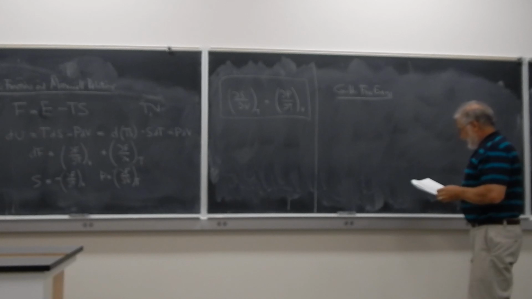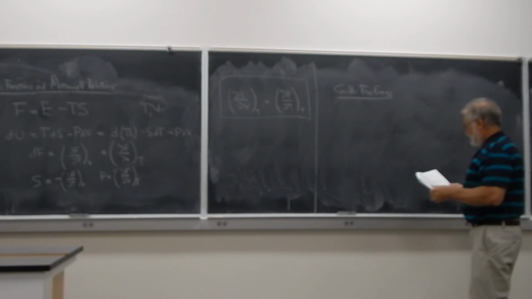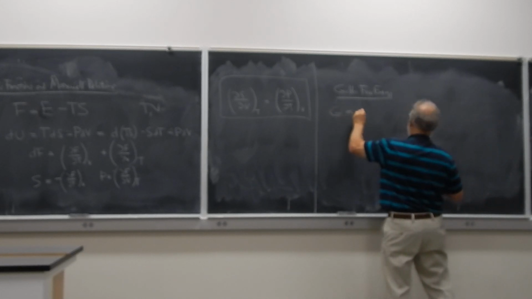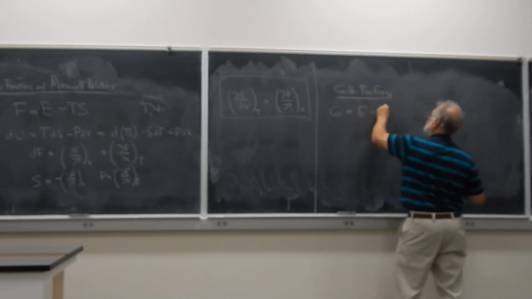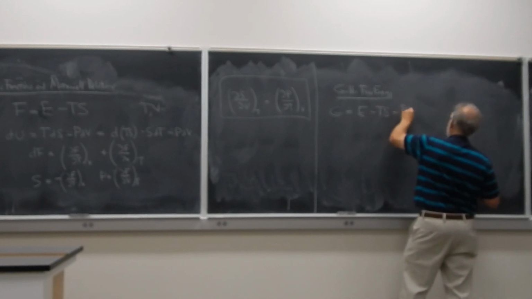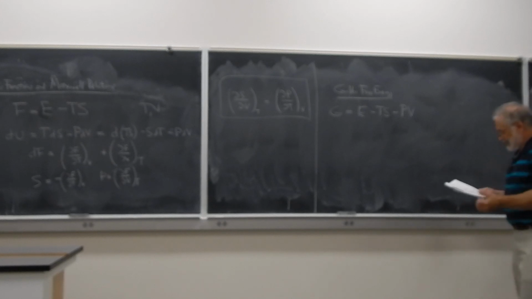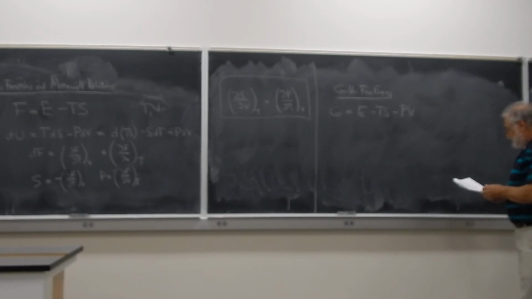The work that I need to create or destroy a system is called the Gibbs free energy, and we define it by G = E minus TS minus PV. It encompasses the system's energy less the heat term from the Helmholtz free energy, and in addition the atmospheric work term that came from the enthalpy. So it takes them both together.